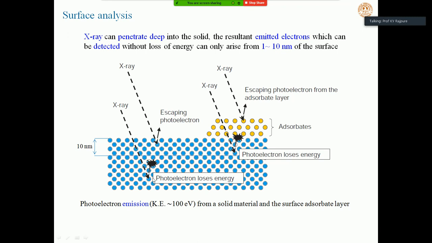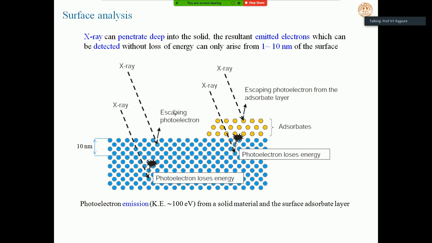But unfortunately, the energy of these photoelectrons is not sufficient to leave the material so that we can analyze them. Only the electrons generated within 10 nanometer depth have sufficient energy to escape the material, and these escaped electrons can be analyzed with this technique. Therefore this is a surface analytical technique, and the penetration depth of this technique is around 10 nanometer.